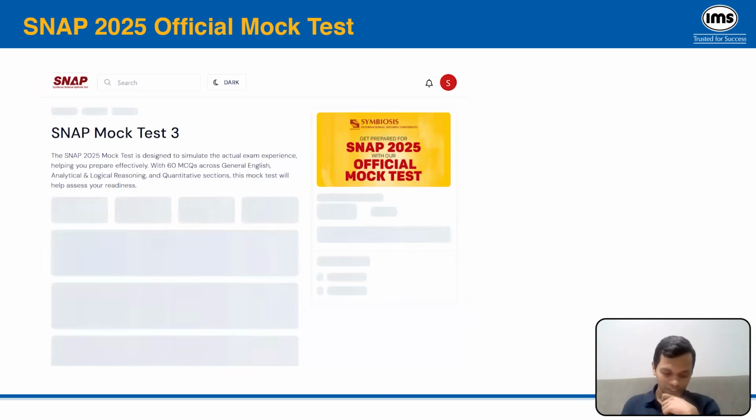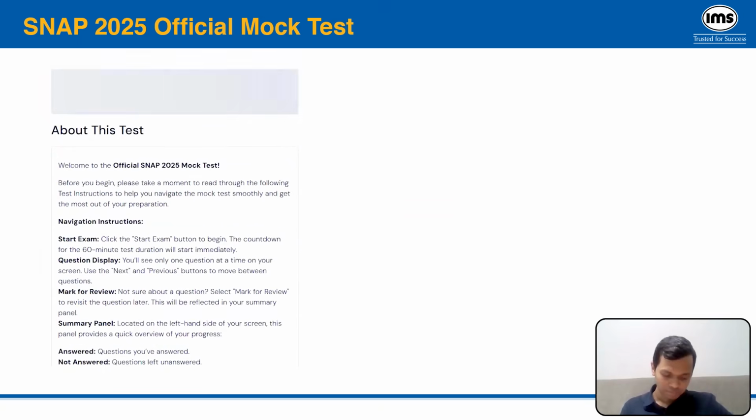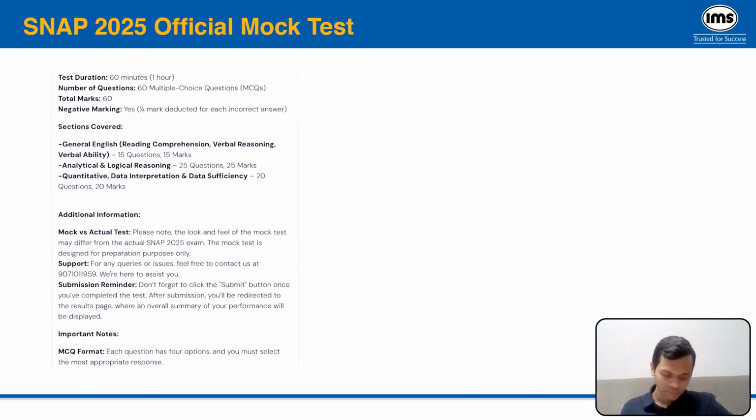Okay, I can see the Snap mock test, designed to simulate the actual exam experience, helping you prepare effectively. 60 MCQs across English, analytical, and Quant. The mock will help you assess your readiness. Let's see where the button is to start the test. Click on start the exam to begin.